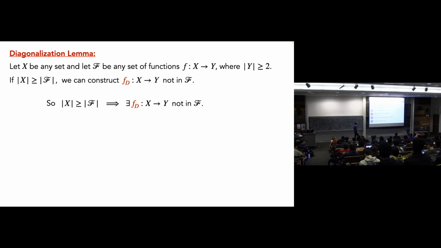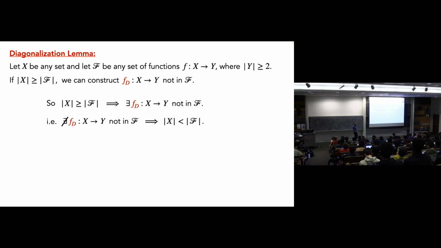Okay. And now let me give you the corollary that we observed. So let me rewrite. What this tells me is that whenever the size of x is at least as large as the size of f, I can construct an f sub d. So we have this implication.